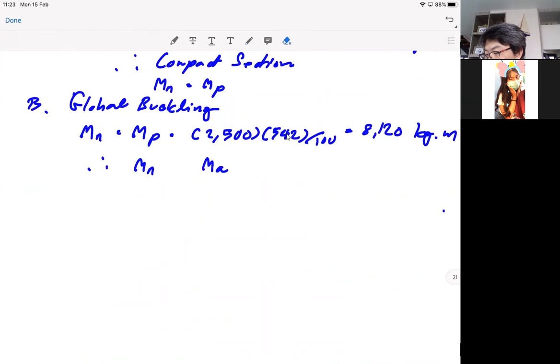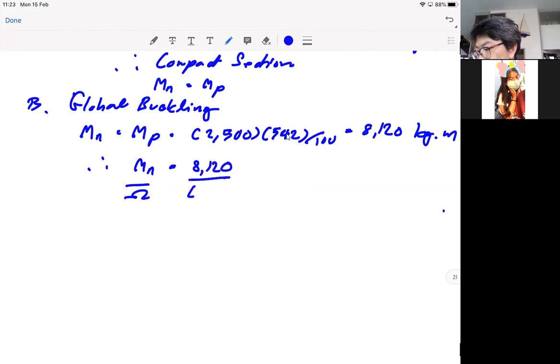The M nominal divided by factor of safety should be, you know what? I don't have a calculator with me. So if you can help me out, okay? Divided by 5/3, this should be, I don't know if the factor of safety has been included in the number. So let's, one second.